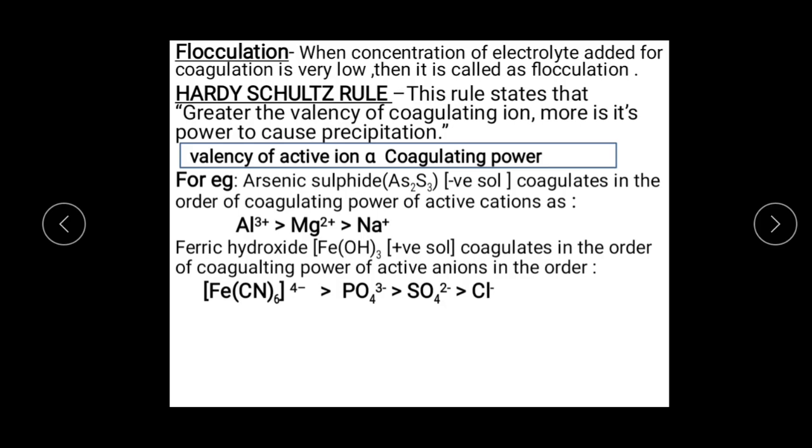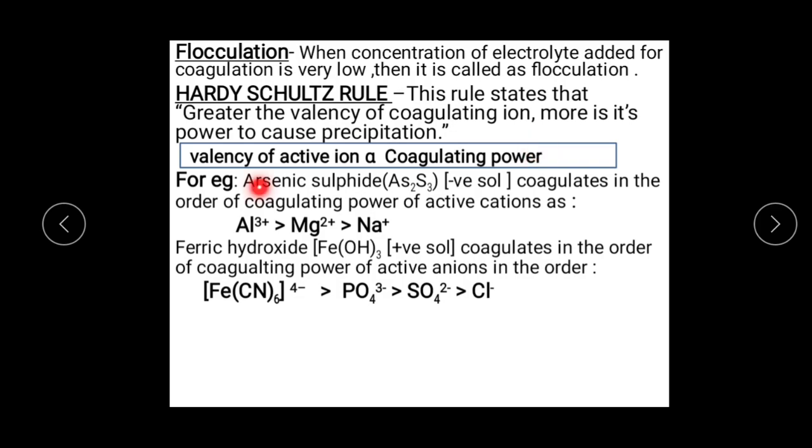This rule states that the greater the valency of the coagulating ion, the more is its power to cause precipitation. We have already taken the definition of coagulating ion. So here you have to remember, greater the valency, more is the power to cause precipitation. It means the valency of the active ion has a direct relationship with coagulating power. More valency, more coagulating power.